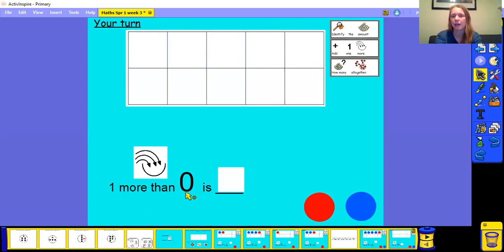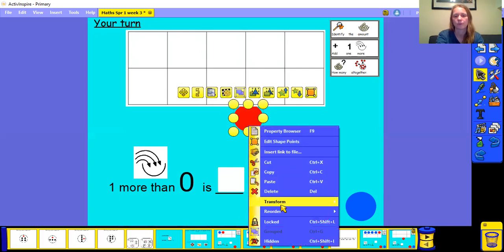Our first number is 0. I need 0 blue counters. Oh, wait. 0 means nothing. It means I need no blue counters. But I still need to add 1 more.